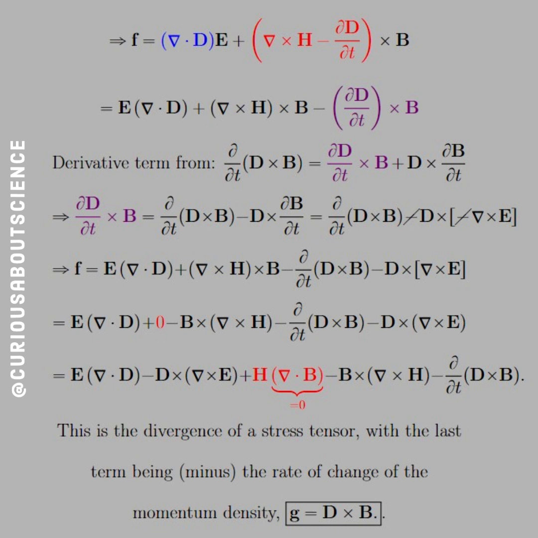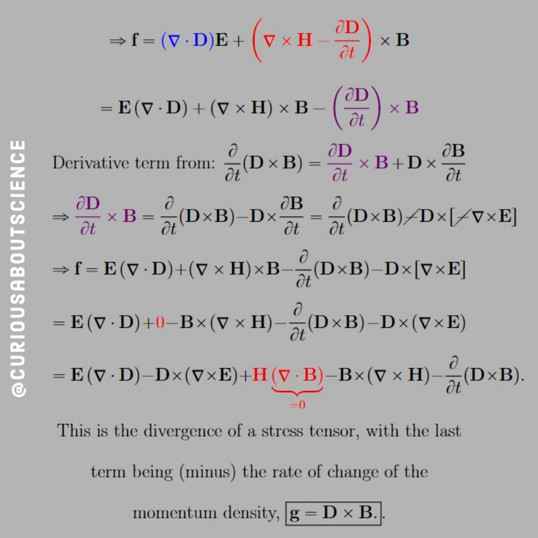So we go back to the force equation, and we have E times the divergence of D plus the curl of H cross B, and then we plug in what we just solved for with the derivative term. So that's d by dt of D cross B minus D cross the curl of E.